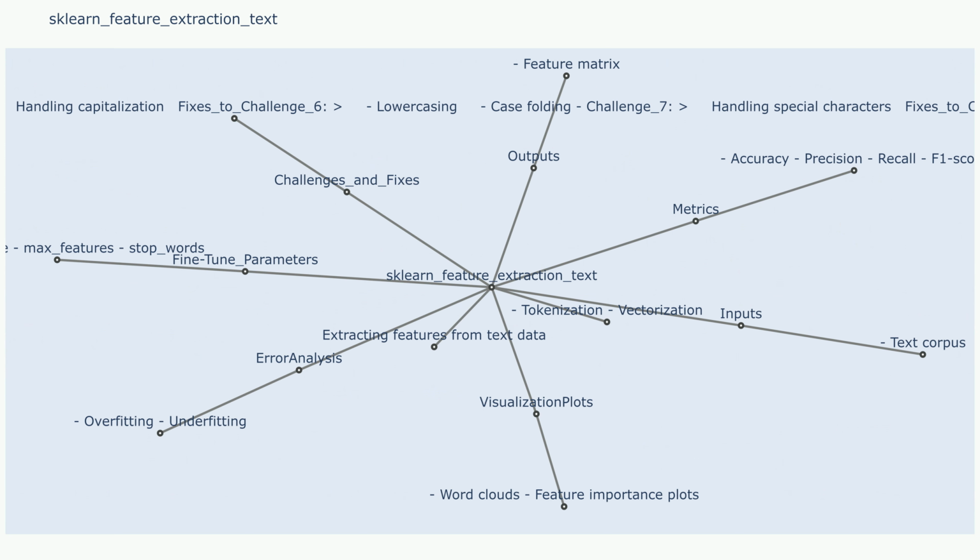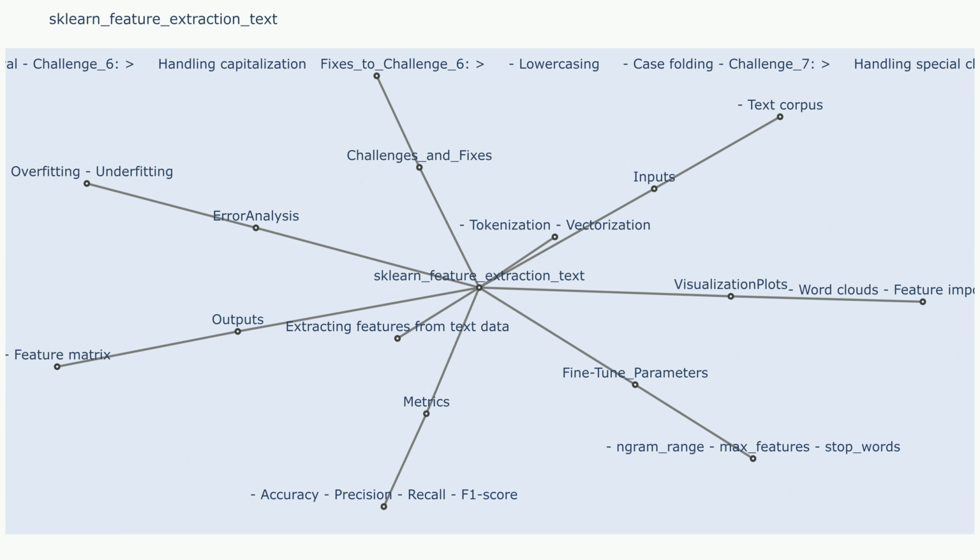Fine-tune parameters. Max features. The maximum number of features to be extracted. N-gram range. The range of n-grams to be considered: unigrams, bigrams, trigrams, etc. Stop words. A list of words to be removed from the text. Min DF.